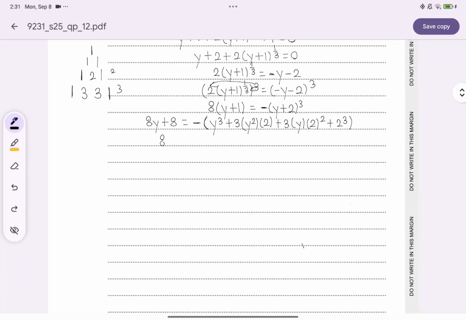Okay, let's simplify everything in here. So we get minus y cubed plus 3 times 2, that's 6y squared, plus 3 times 2 squared, that is 12, plus 12y plus 2 cubed, which is plus 8.